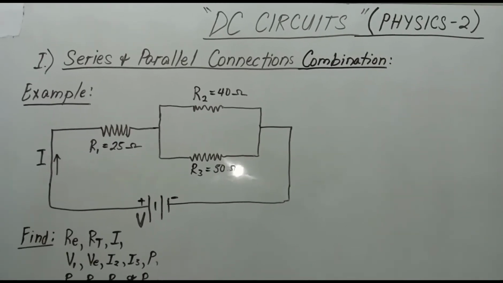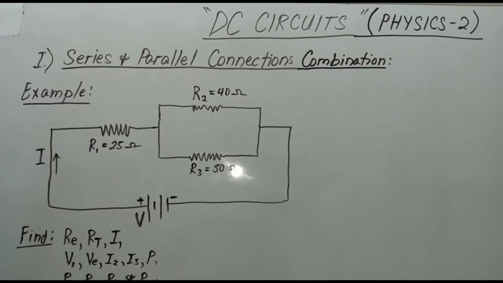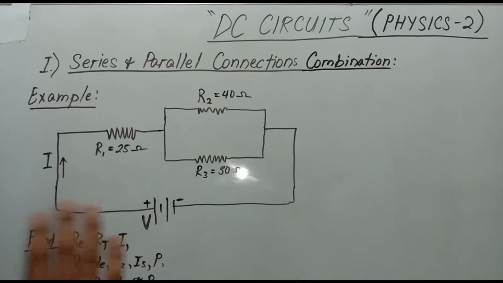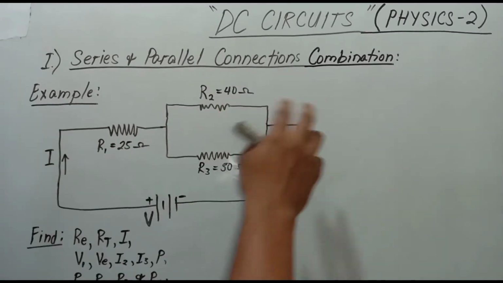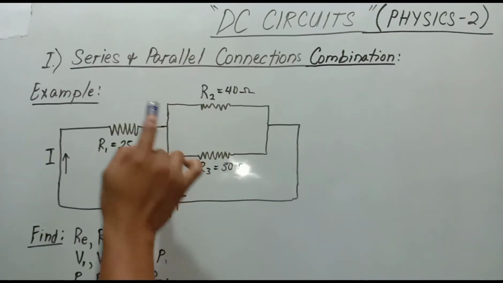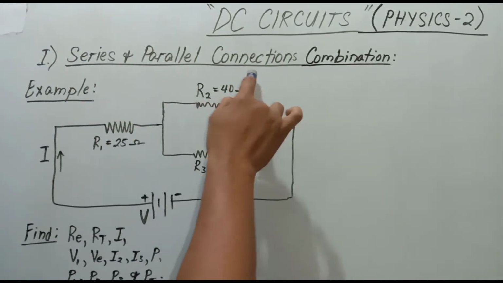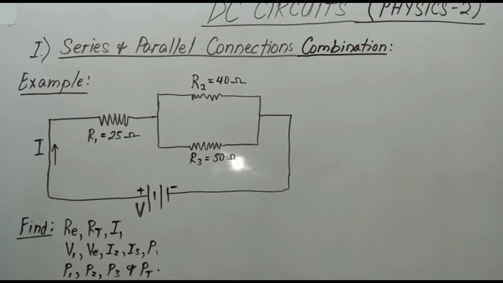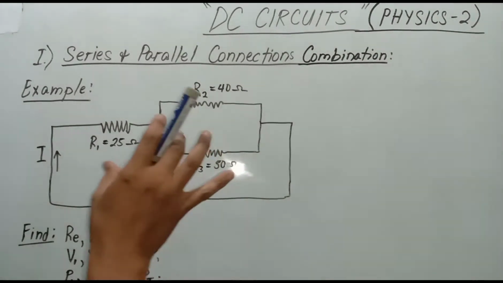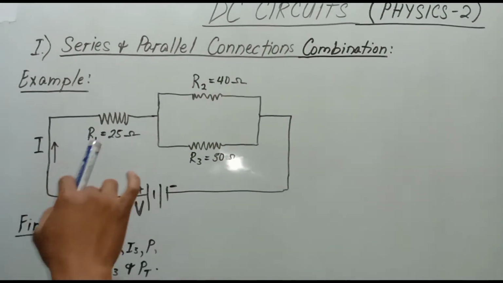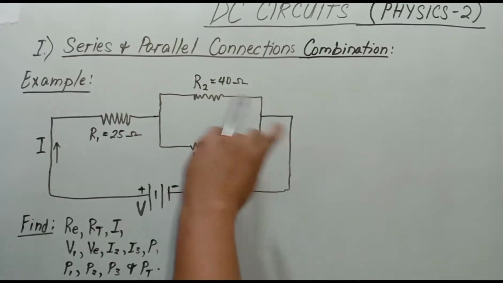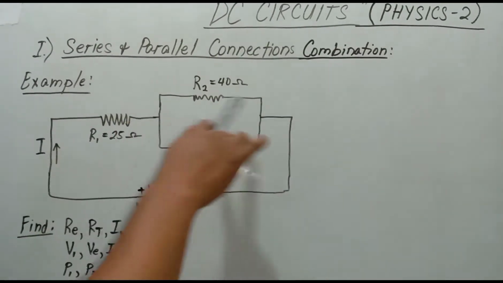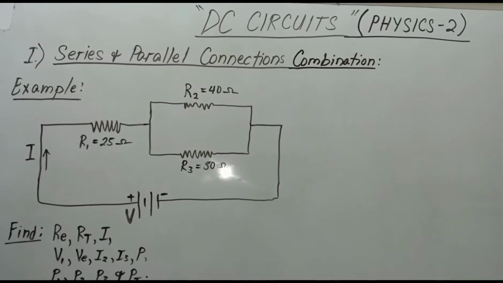Today, I will give you an example problem with a combination of series and parallel resistor connections. This is different from the two we discussed earlier. This time it is a combination of series and parallel circuits, as you can see here in the diagram.